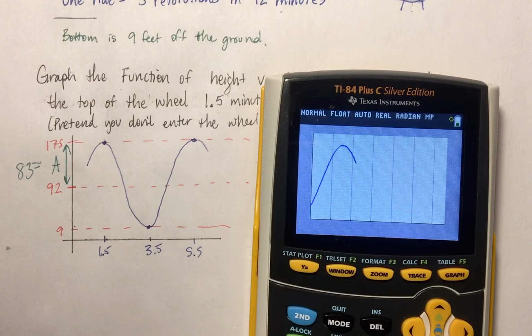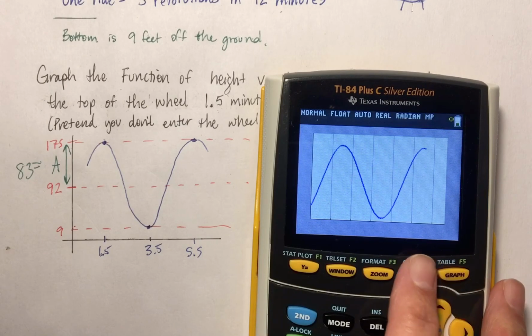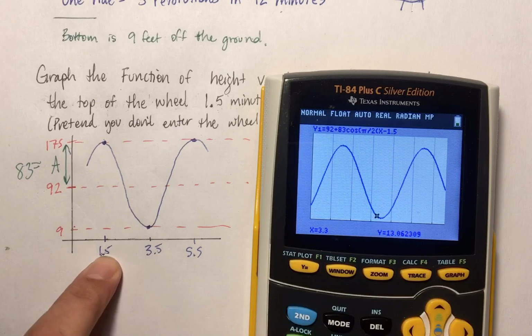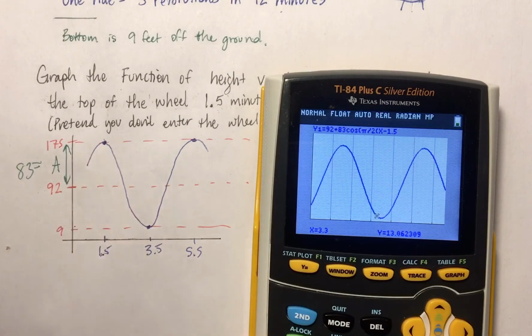This slowly will draw itself, and then once we've drawn the graph on our calculator, we can verify things working by hitting trace. I know at 1.5, I should be at the top at 175, and if I do that, 1.5, 175. At 3.5, I should be at the bottom, and I am at 9.